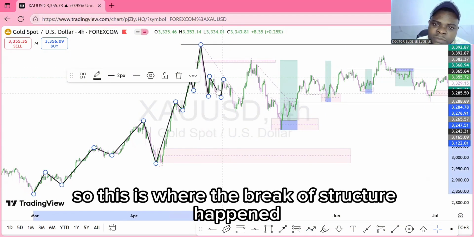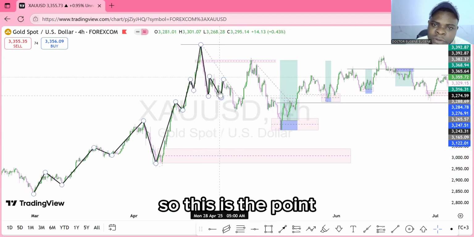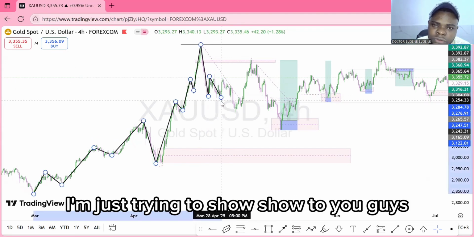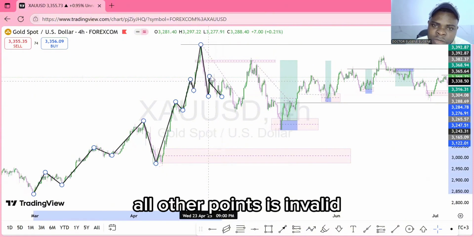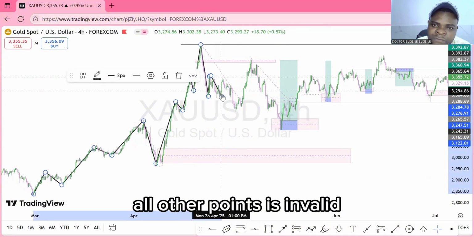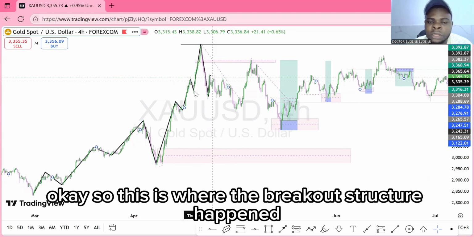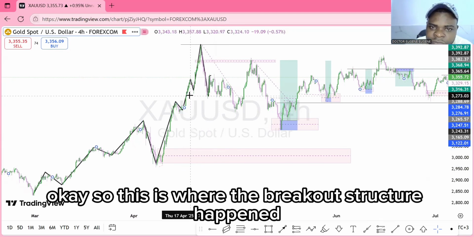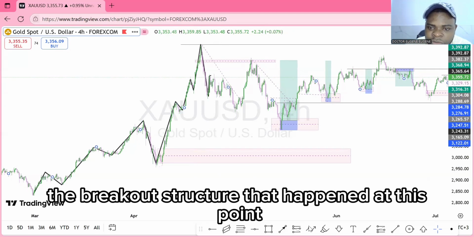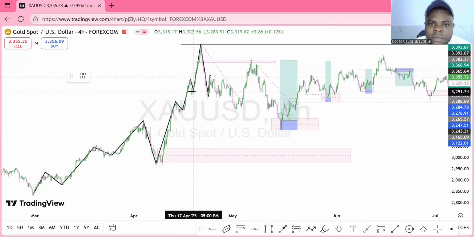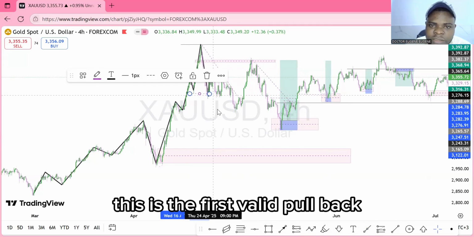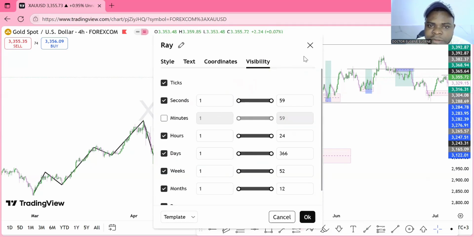So this is where the breakout structure happens. This is the point I'm just trying to show to you guys. All other points are invalid according to the information I want to share. Okay, so this is where the breakout structure happened. After the breakout structure that happened at this point, which is here, this is the first valid pullback.